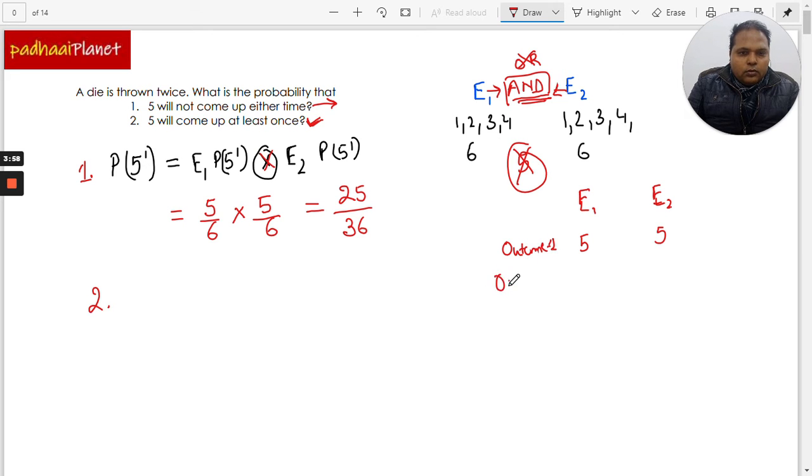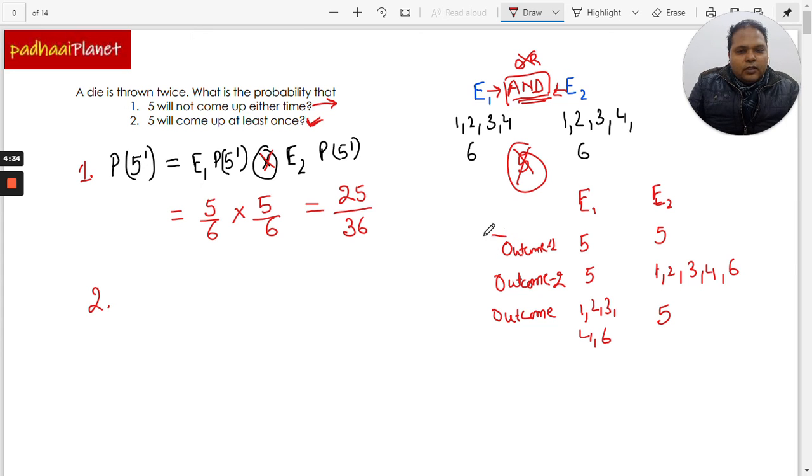Now let's look at the other possible outcome. Outcome number 2: 5 comes in the first event, but 5 does not come in the second event. So it is like 1, 2, 3, 4 and 6. The third possibility could be that in the first event 5 does not come, right, but it comes in the second event.